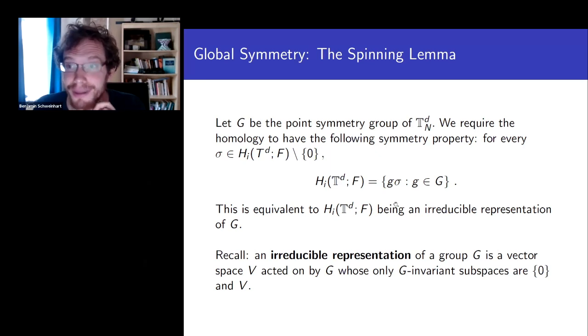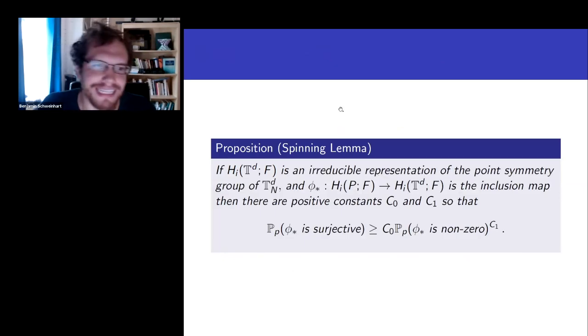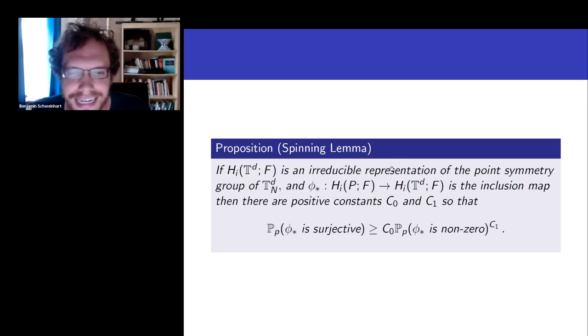But here, let me tell you what the spinning lemma is. The spinning lemma says that if the homology of the torus is an irreducible representation of the point symmetry group of the torus, so we have this homology is nicely symmetric, and we look at the probability that we have a basis of giant cycles, then we can bound it from below in terms of the probability that we have at least one giant cycle.